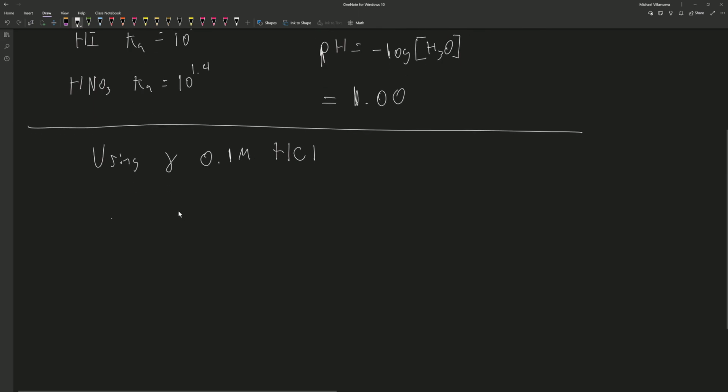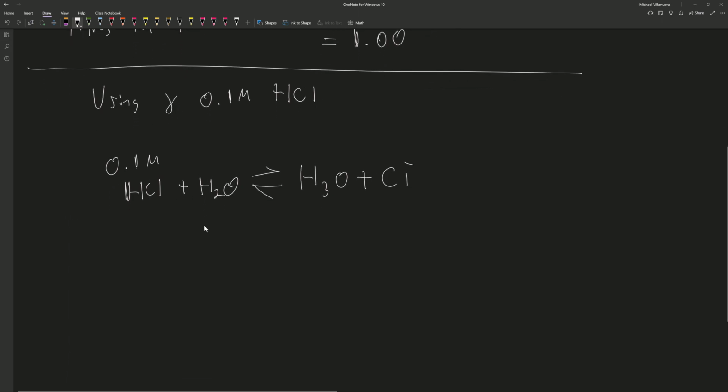In the same way, we have 0.1 molar HCl plus H2O reacting reversibly to give H3O plus and Cl minus.